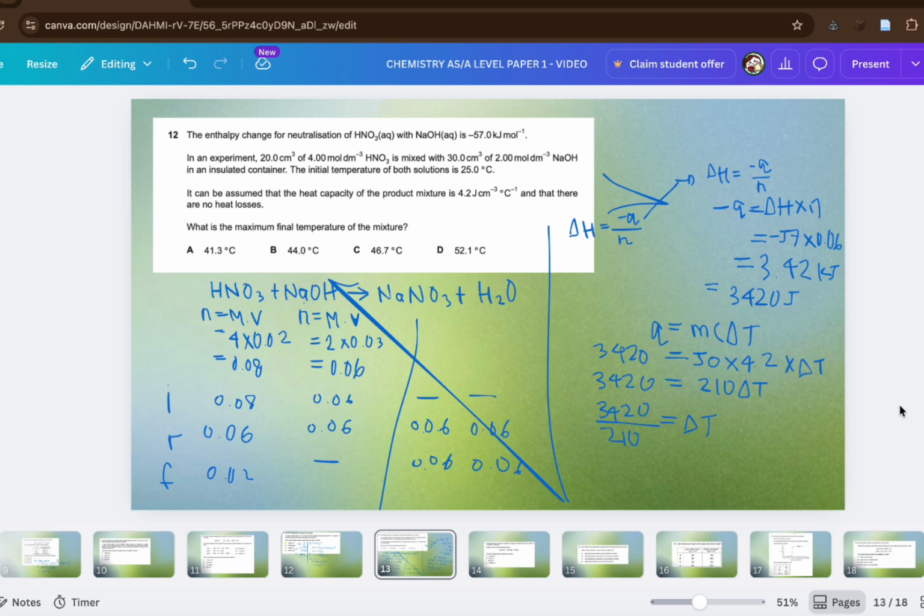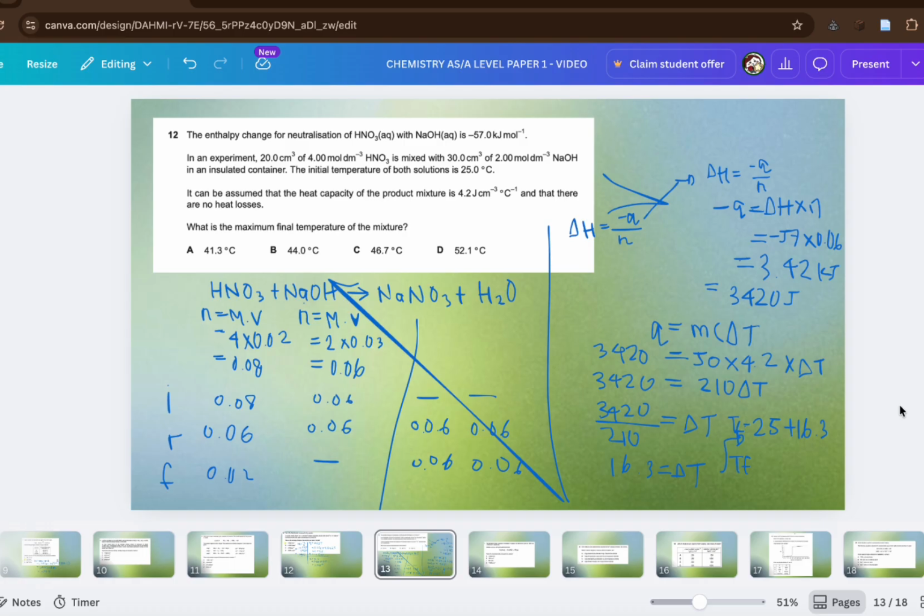The result will be 16.3, the temperature change. The initial temperature is 25. So we'll just add the 25 with the 16.3. 25 plus 16.3 for the maximum temperature final here.